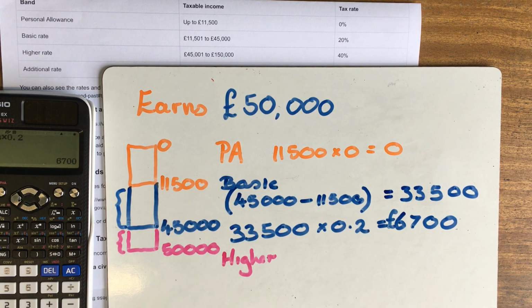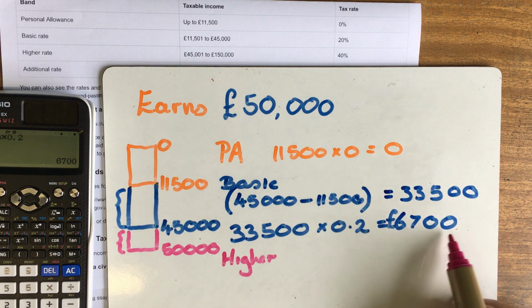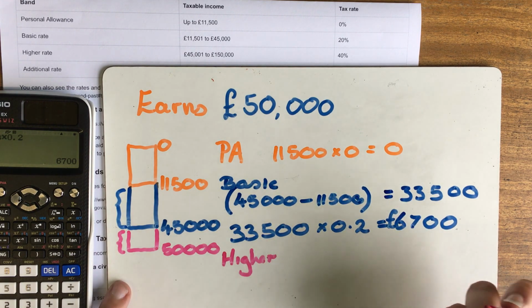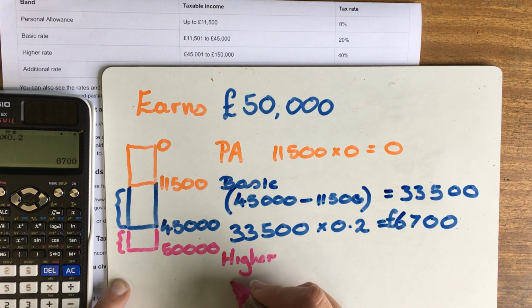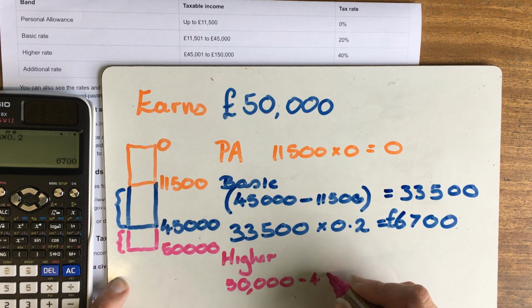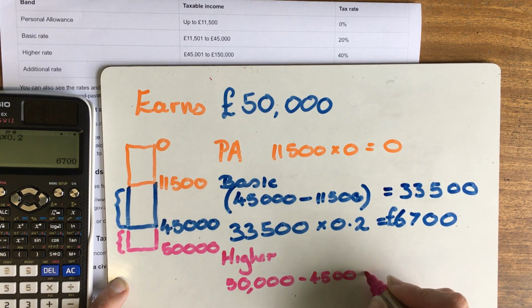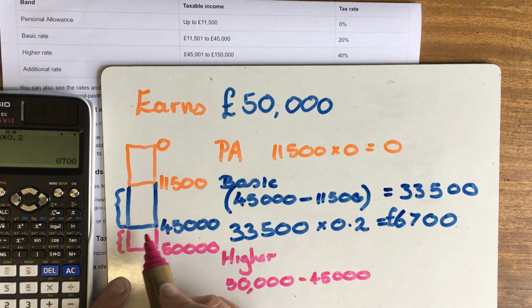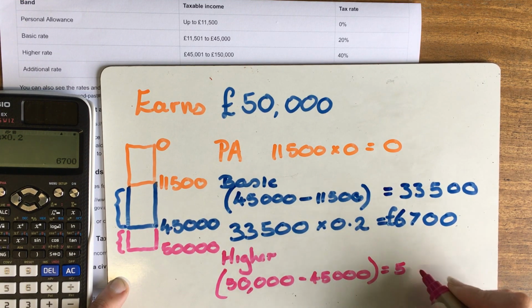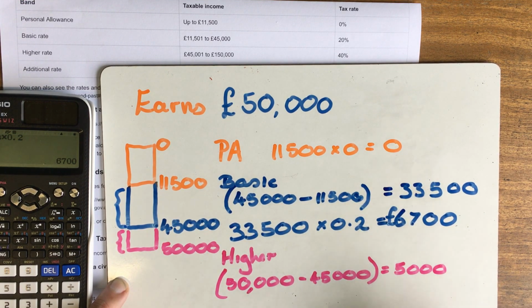If they don't pay higher rate because they fall somewhere in the middle of basic, they'll pay a fraction or a part of this amount. So our higher rate, we need to find out how much money that's on. We've got our 50,000 and we're going to take off our 45,000 because the 45,000 was accounted for in basic. So we're left with £5,000 that we are going to pay higher rate tax on.